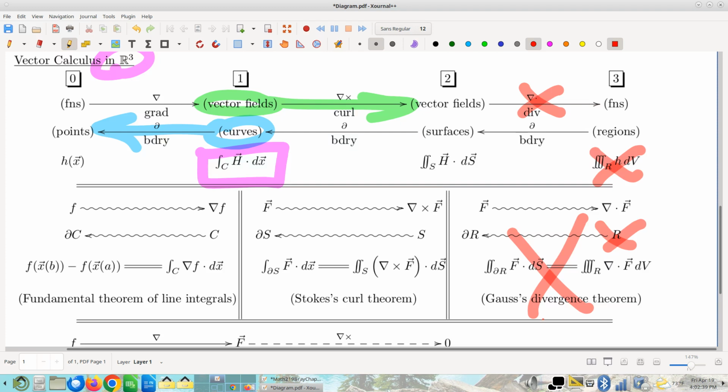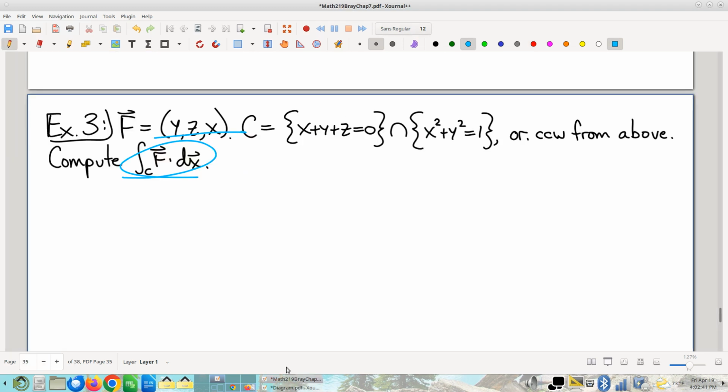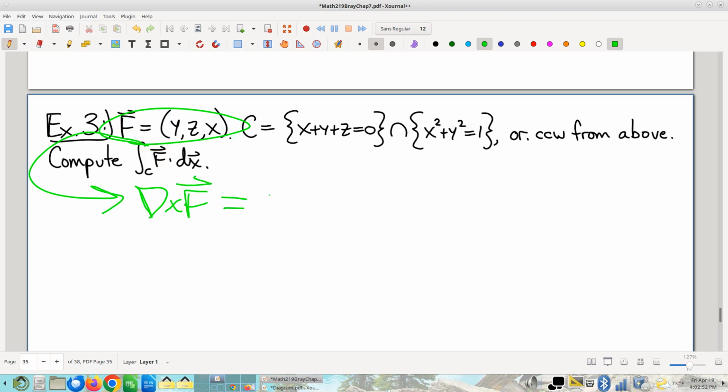Okay. So we compute the curl. This vector field, you compute the curl, and you get, as it turns out, -1, -1, -1. I just happen to remember that from the lecture I gave an hour and a half ago. But again, make sure you can do these computations. Make sure you know how to use the curl.